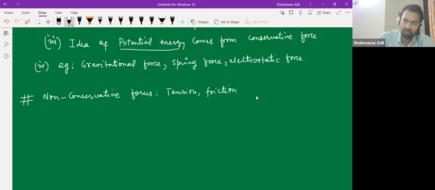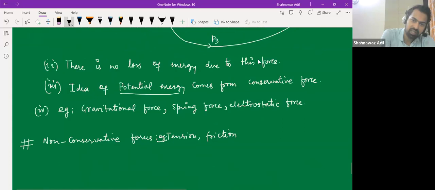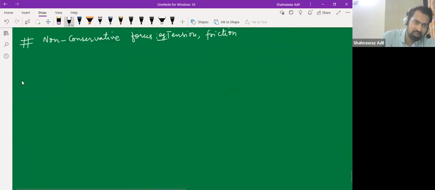These forces are non-conservative. This is how you define conservative and non-conservative force.